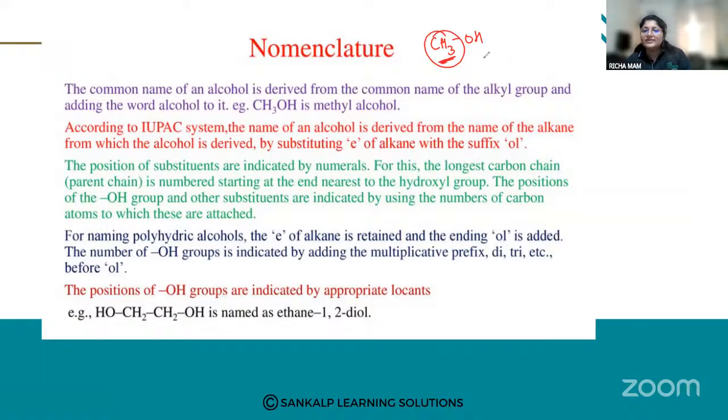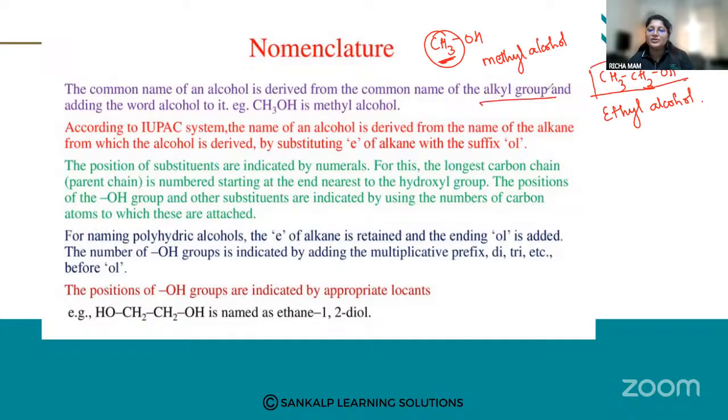So first I name the alkyl, methyl, and then write the word alcohol: methyl alcohol. Similarly, CH3CH2OH. When you have two carbons, it is ethyl, so it is ethyl alcohol. So for the common name, first we give the alkyl group and then add the word alcohol.